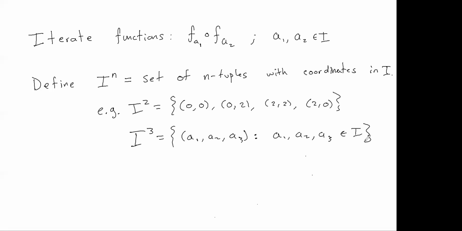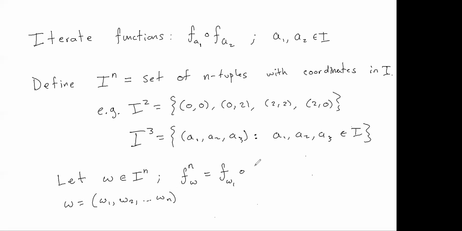This is a way to code the maps of my system. So let omega be any n-dimensional vector whose coordinates come from I. Having this defined, we can define F_n omega, which will be the map F_omega1 composed with F_omega2 composed, etc., all the way up to F_omega n.